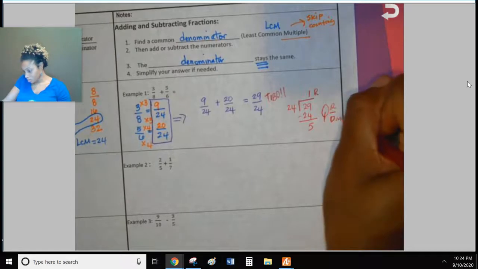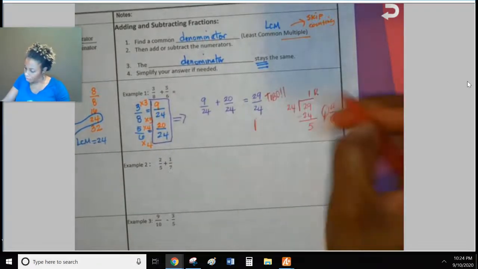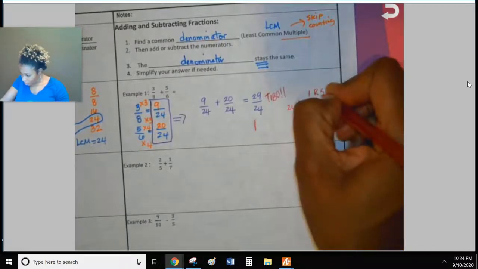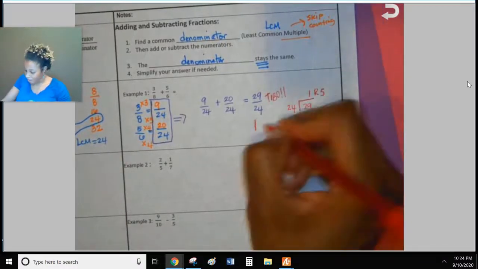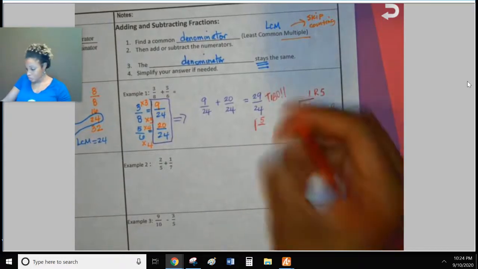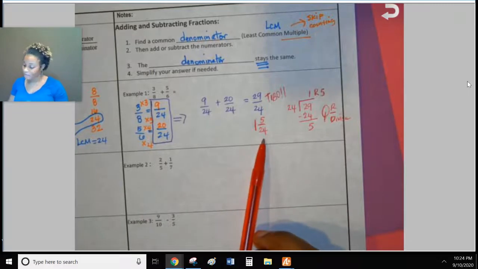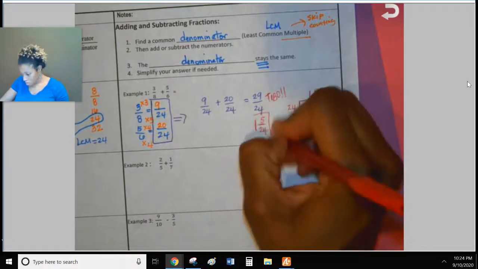So my quotient is 1. My remainder is 5. And my divisor, the number outside of the house, is 24. So the final answer is 1 5/24.